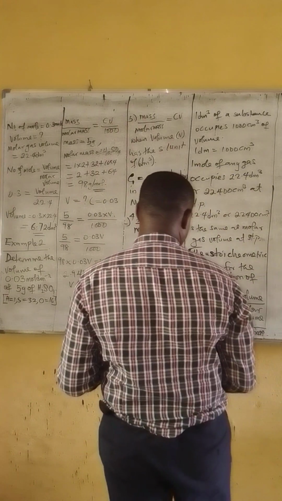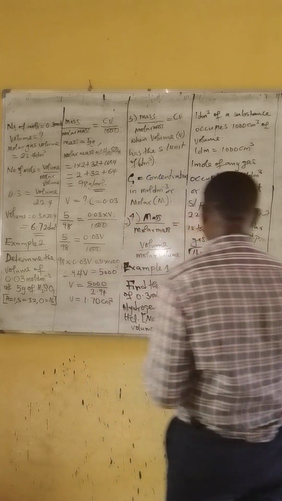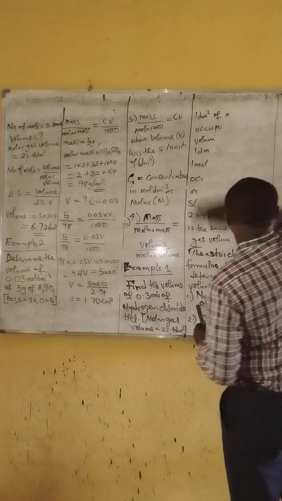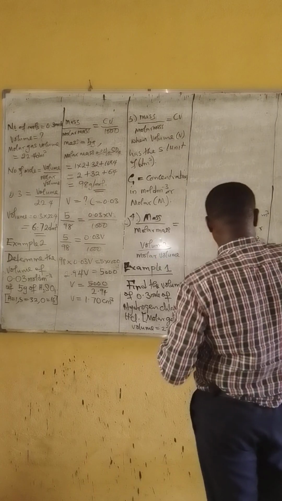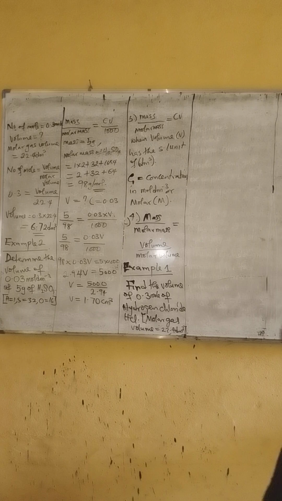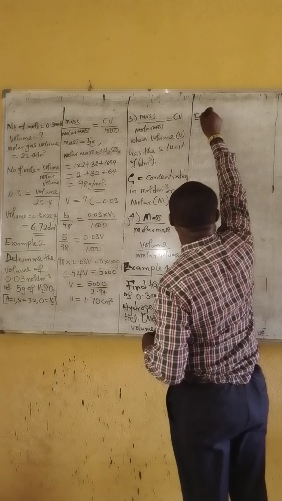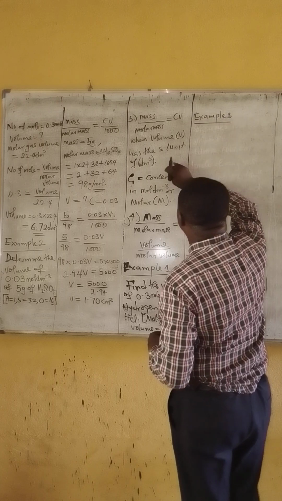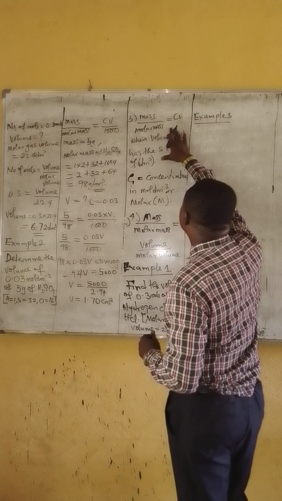Yes, I want us to manage this space so that we will not rub off the formula. We can be using them. We have used number 1, we have used number 2. So I can take this one away. Then example 3. In example 3 now, I want to learn how to use this one.